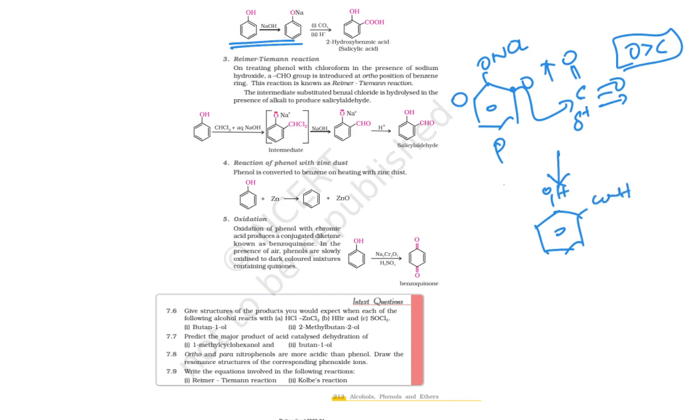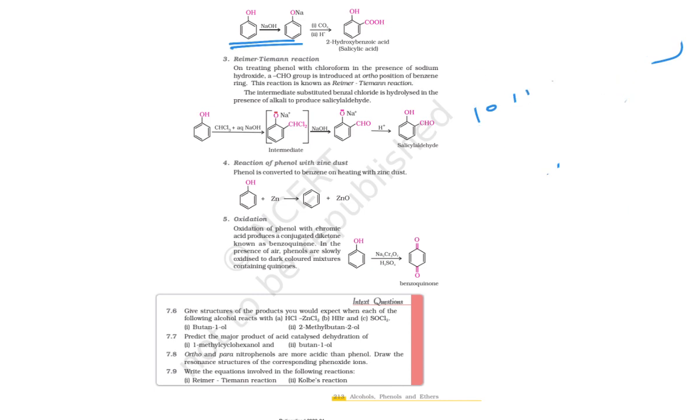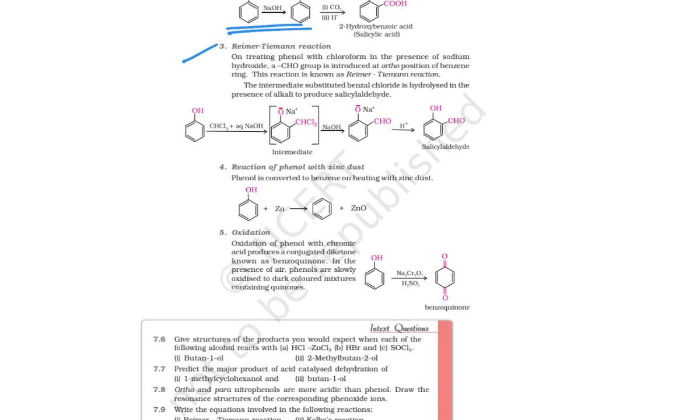Okay, then when it comes to the Reimer-Tiemann reaction, on treating phenol with chloroform in presence of sodium hydroxide, the CHO group is introduced in the ortho position of the benzene ring. This reaction is known as Reimer-Tiemann reaction.